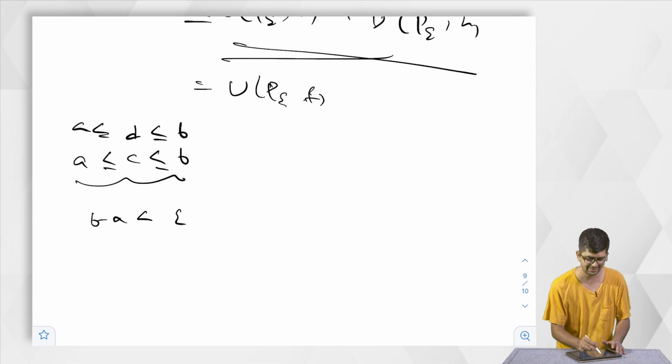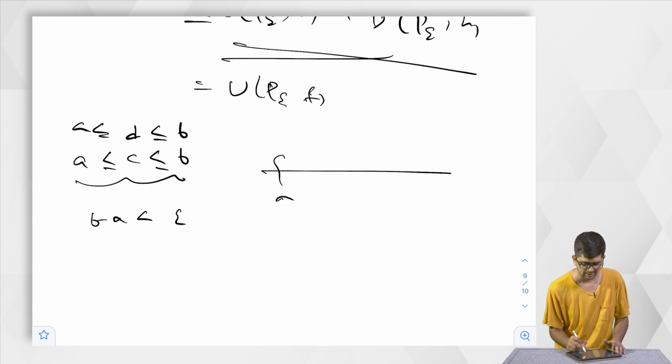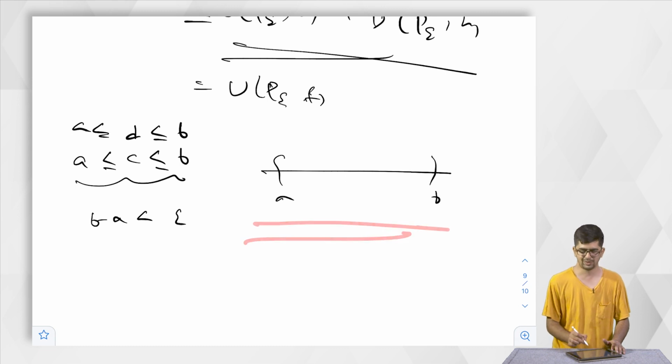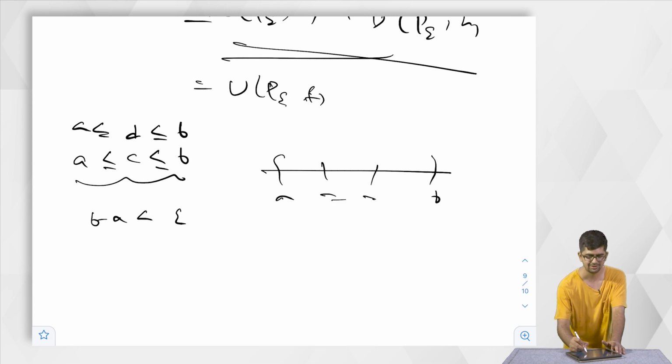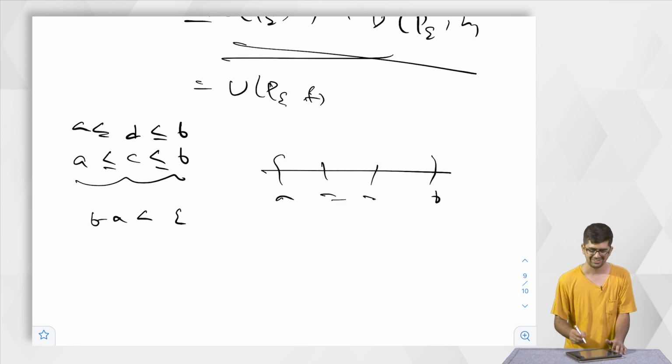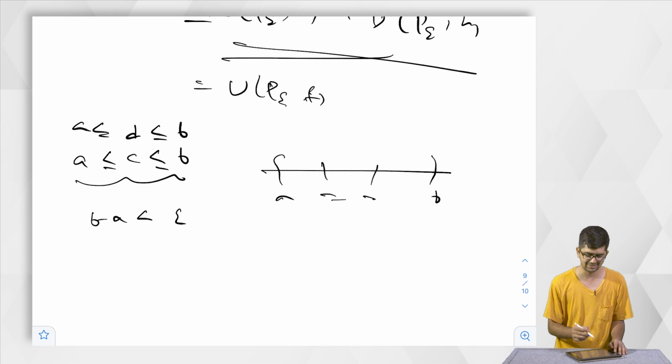All I am saying is: you take some interval [a,b], and suppose I know that the distance between them is less than 1. If I take any two elements in this interval, in any order, the distance does not care about the order. So we use the same trick here.